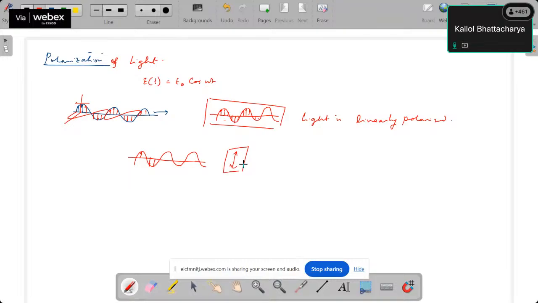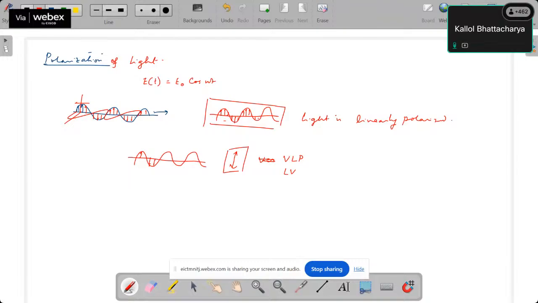It's a vertical line extending up and down, showing the extent of the electric field, the amplitudes in both directions, positive and negative. This is the representation for linearly polarized light. Specifically, this is vertical linear polarization, or LV, linear vertically polarized light.